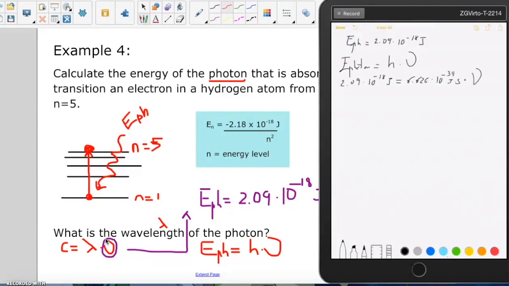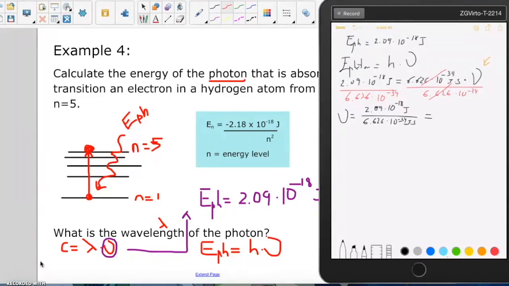We divide both sides by Planck's constant, and these cancel each other, so the frequency equals 2.09 times 10 to the minus 18 joules divided by 6.626 times 10 to the minus 34 joules times seconds.